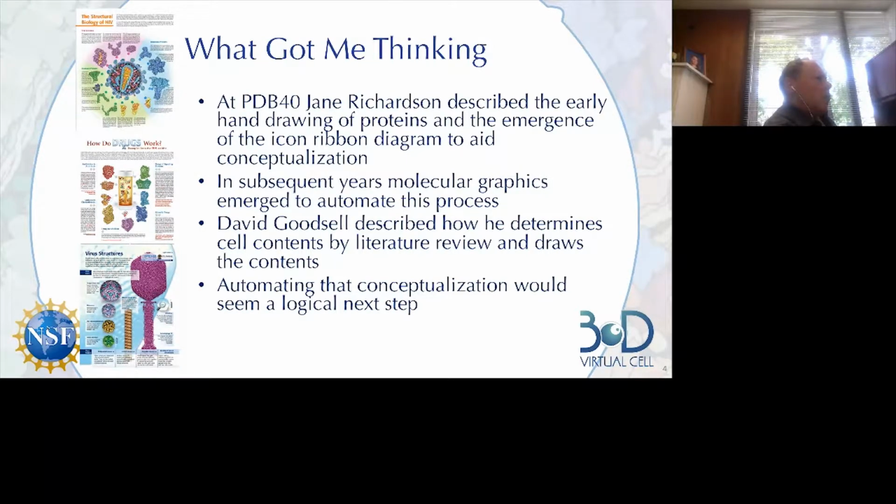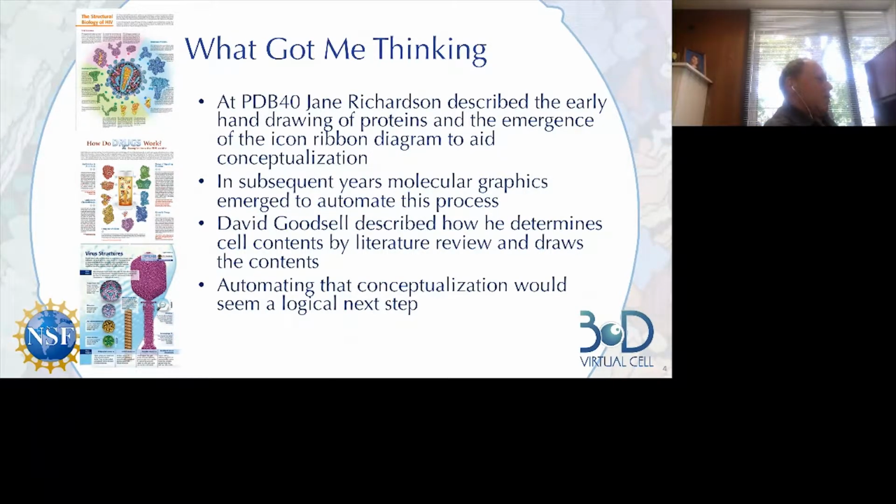But what was interesting at that meeting, Jane Richardson, who's a pioneer in protein structure representation and characterization, described the early emergence of hand drawings of proteins, and particularly the iconic ribbon diagram that we all see all the time. I noticed the new director, John, of NIGMS, in his press release, there's a screen with a ribbon diagram directly behind him.